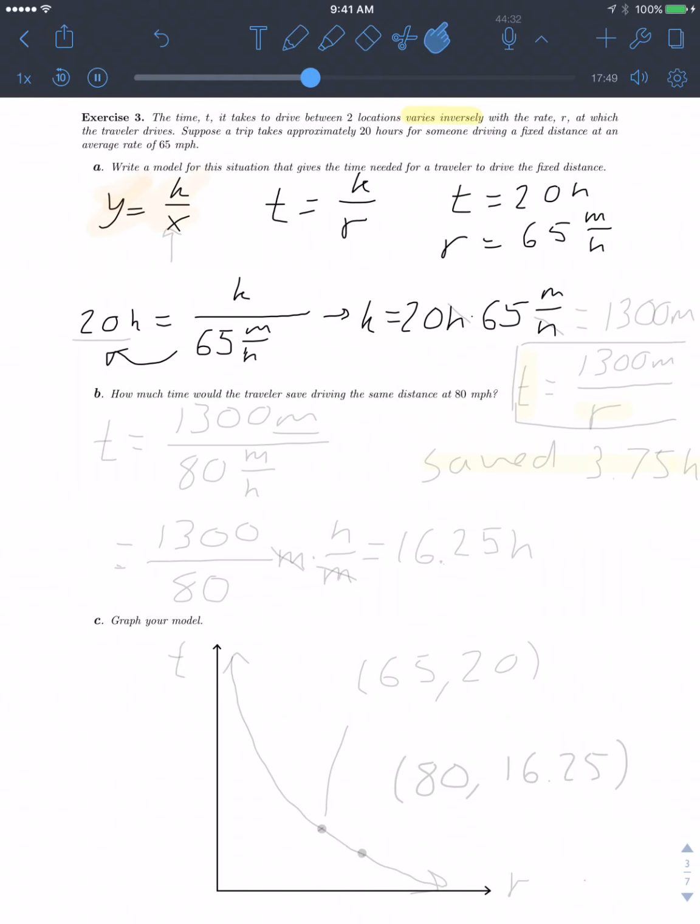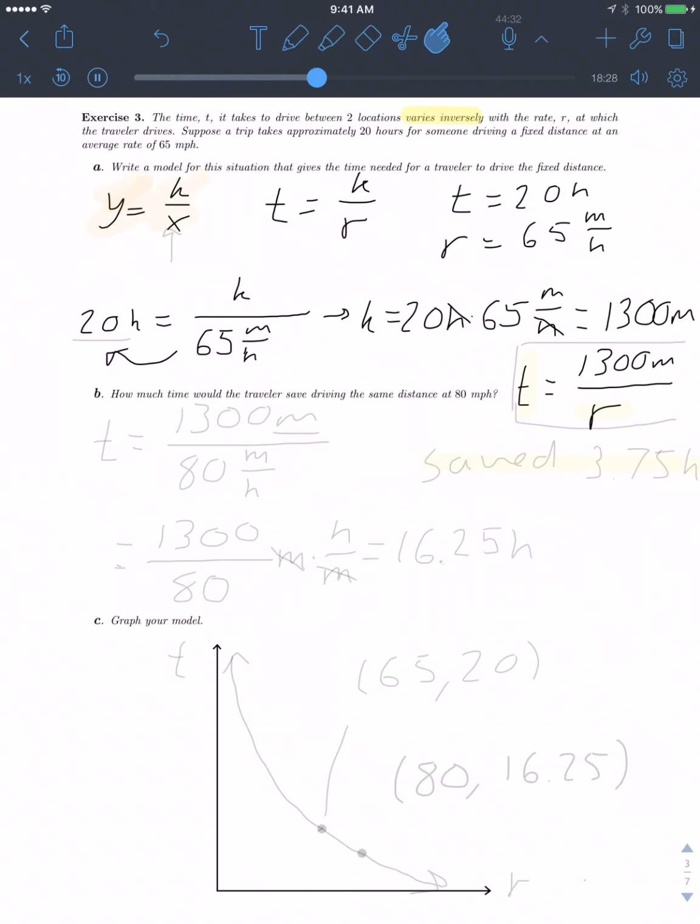The nice thing about these units is we see that hours and dividing by hours cancel out, and we end up with k equals 1,300 miles. So then we can set up our model completely. We know that time is equal to the constant of variation, 1,300, in this case miles, divided by the rate, where the rate will be given in miles per hour.